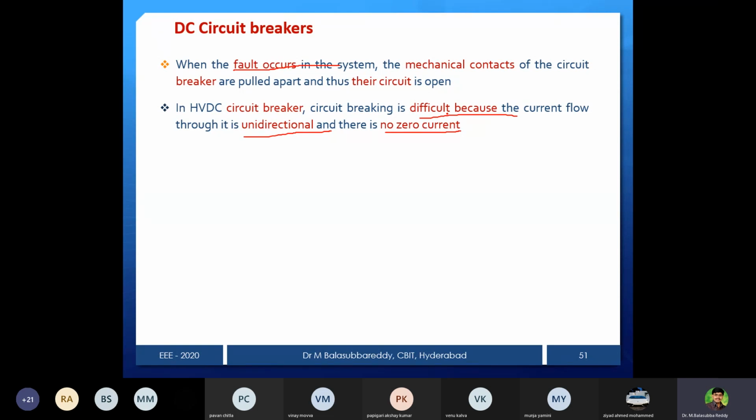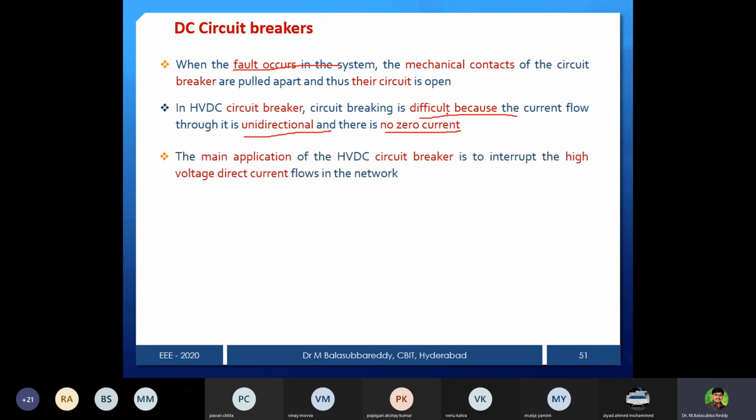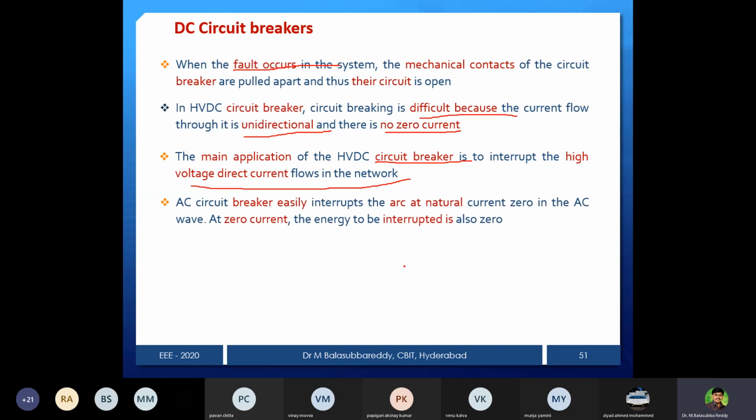But the problem in this case is that bringing the current to zero is a difficult task. The main application of this circuit breaker is to interrupt the high voltage direct current from the network. So if any fault occurs, it has to interrupt, or you can say isolate, the system in the DC network.